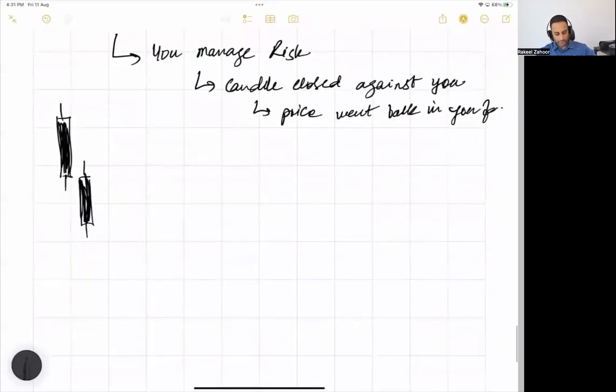All right, hypothetical setup, right? We're coming down, moving down, and now what we want is for price to create some sort of support. And mind you, we are in a downtrend. A candle goes up, another candle goes up, and now we have a perfect bearish candle forming right over here.